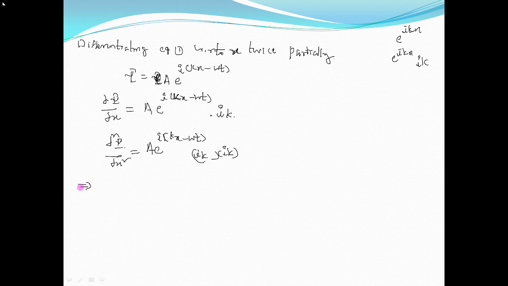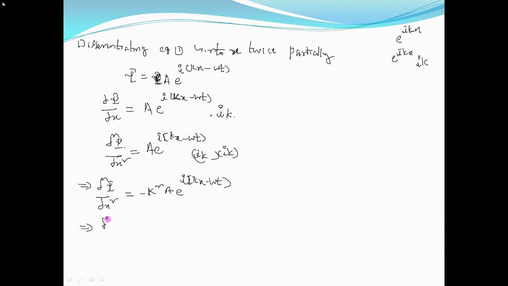So, what will I get? Dou square psi by dou x square is equal to i into iota into iota. So, i square is minus 1. So, minus k square a e power i(kx minus omega t).